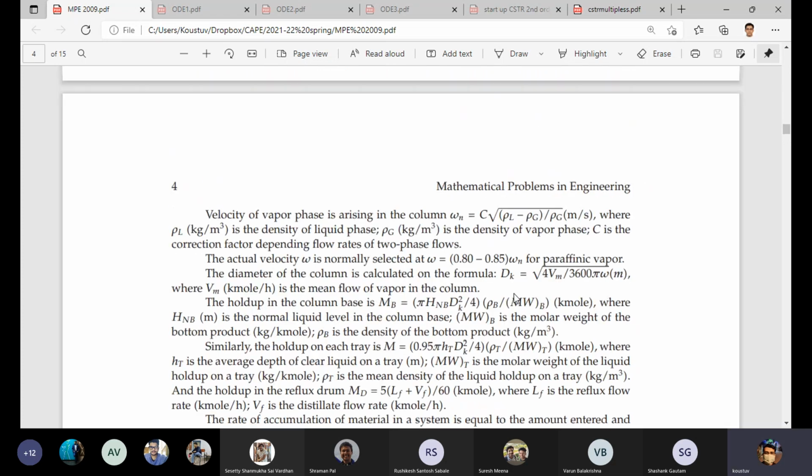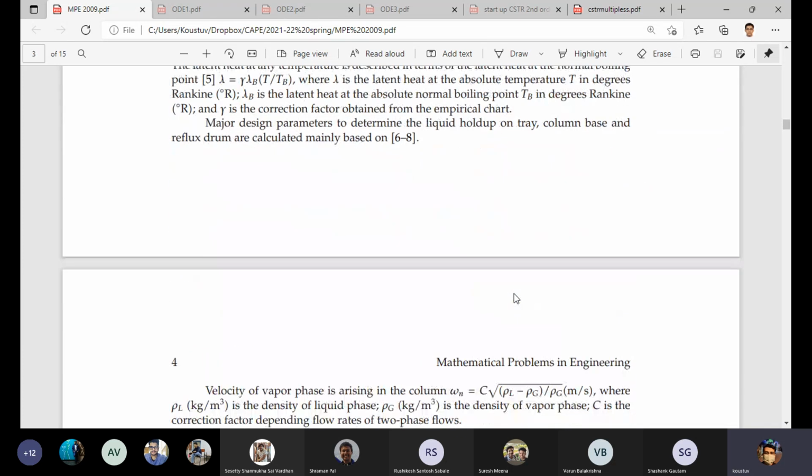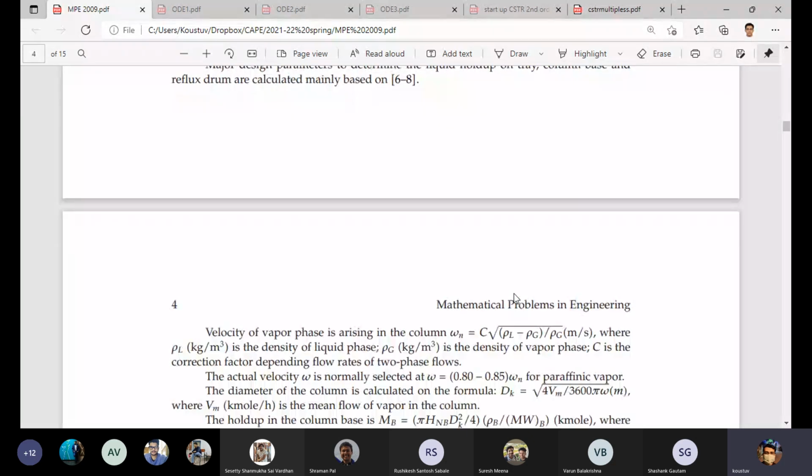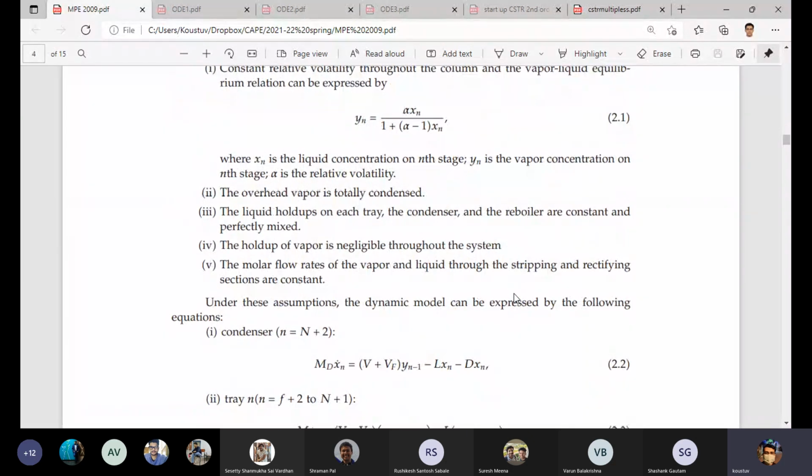So what we have here are some descriptions or assumptions, the ones we typically make in the design of a column. At each tray you have liquid hold-up and vapor hold-up. We generally assume that this amount is constant and does not change, but a more rigorous model would have them as varying.